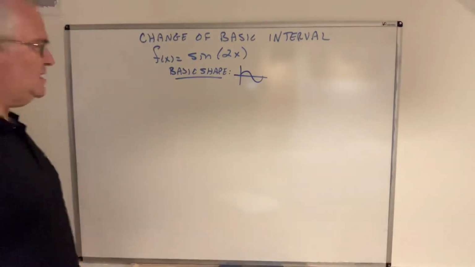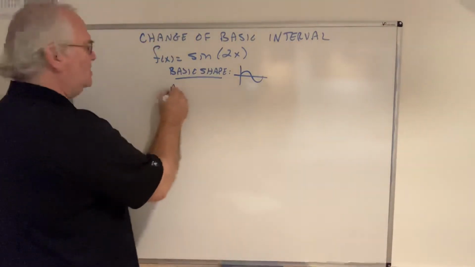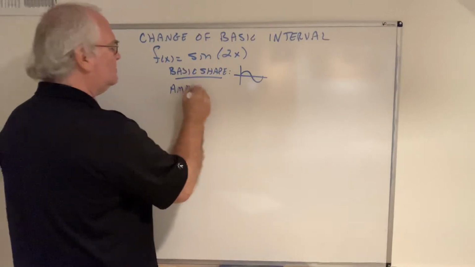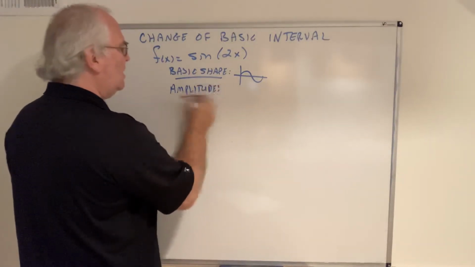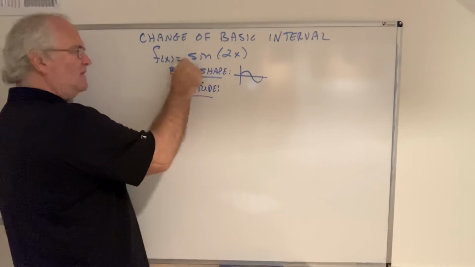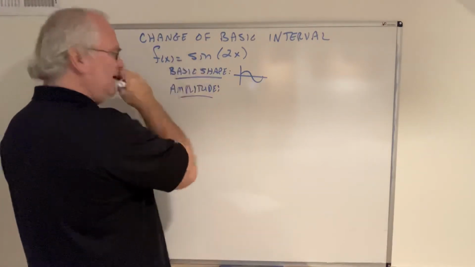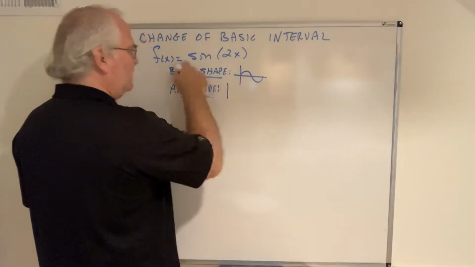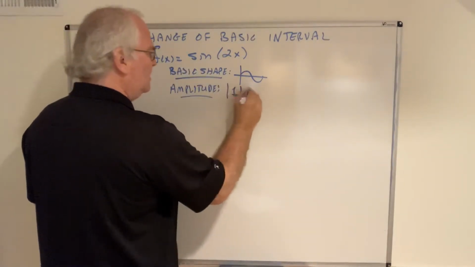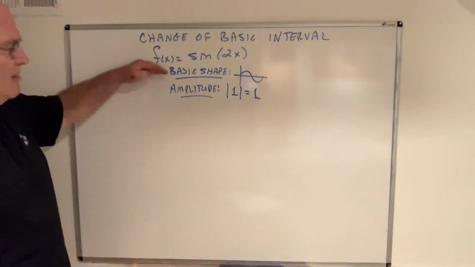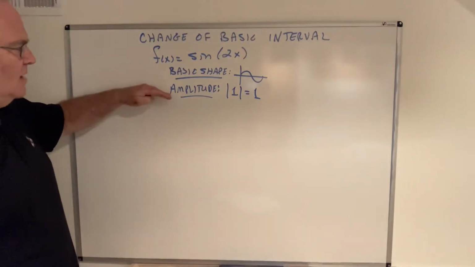What is the amplitude? Amplitude is the coefficient of the sine. The absolute value of that coefficient is the absolute value of 1. So the amplitude is 1.